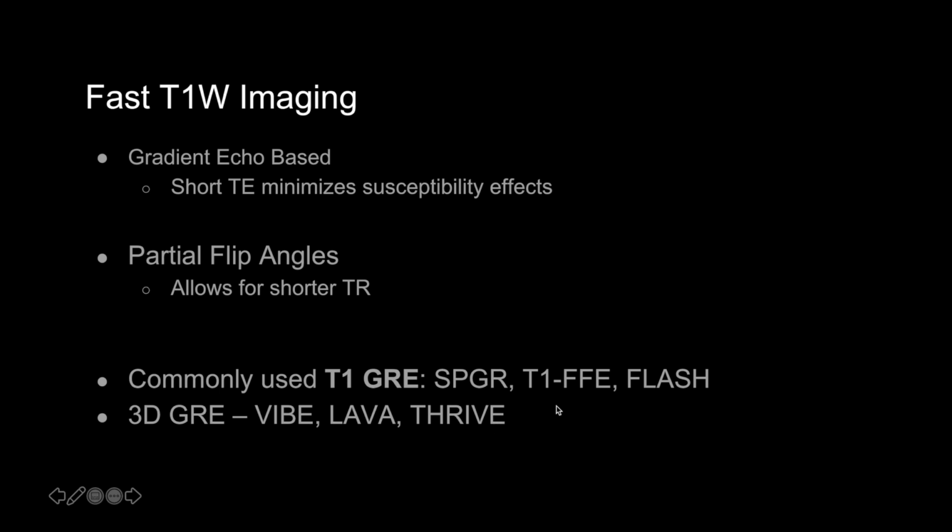It's not important to memorize these names, but just recognize them. They're all going to be different based on the vendor of the MRI machine. For example, SPGR refers to a spoiled gradient echo type sequence. VIBE, LAVA, and THRIVE, again, depending on your vendor, you're going to know that you're looking at 3D T1 weighted images, and then you're going to see dynamic post-contrast images as well.